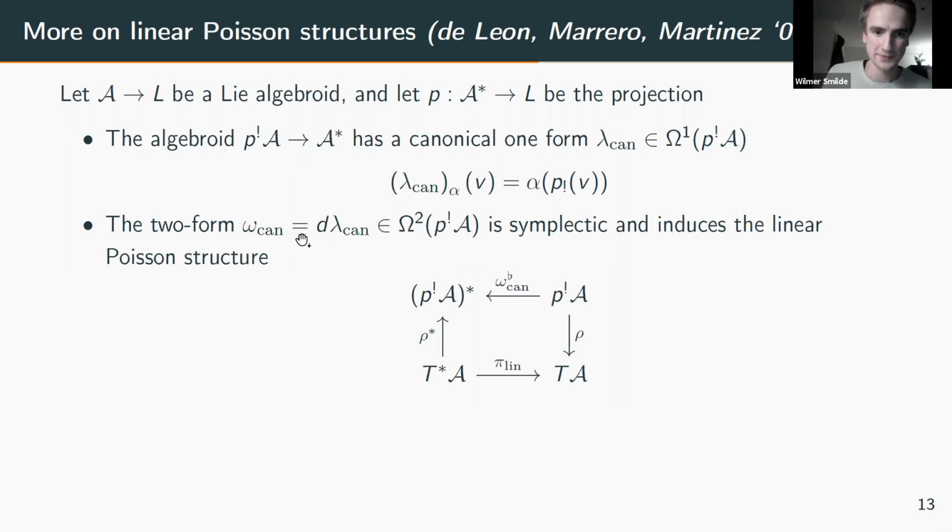Now the 2-form that we obtain by taking the algebroid differential this way is symplectic, which means that it's closed and non-degenerate as an algebroid form, and it induces the linear Poisson structure in the following sense: this diagram commutes. So the anchor map coming from the linear Poisson structure can also be obtained by going to the dual and then moving along this diagram via the symplectic structure.